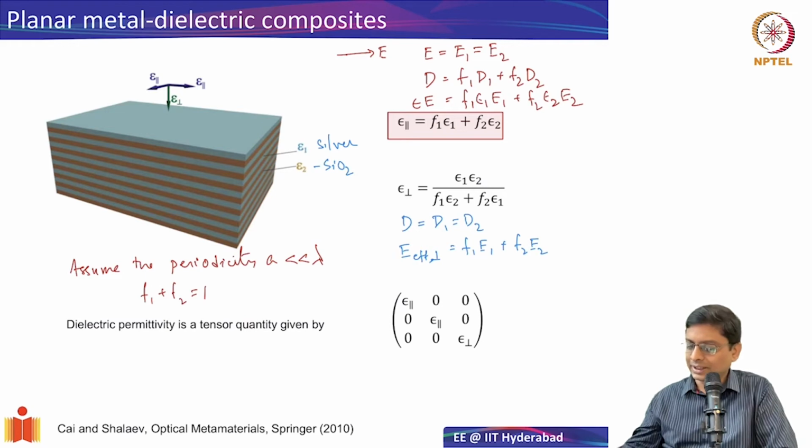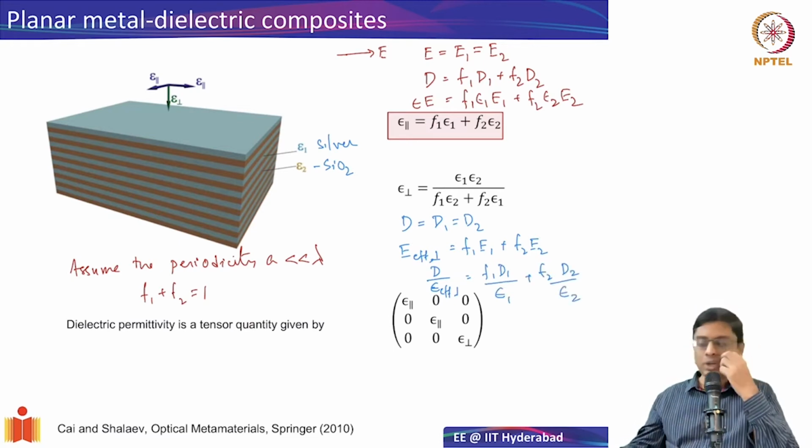So I'll write E effective perpendicular. D is basically epsilon times E. So I'll write epsilon effective perpendicular. Well, no, D is continuous, right? So I'll put in the first expression. So let me go back. What I'll say is D divided by epsilon effective perpendicular is going to be F1 times D1 divided by epsilon 1 plus F2 D2 divided by epsilon 2.